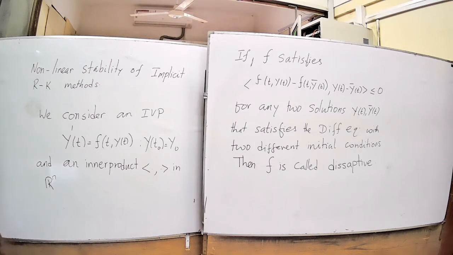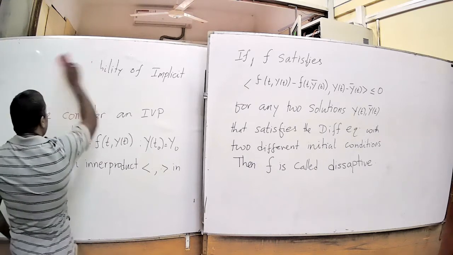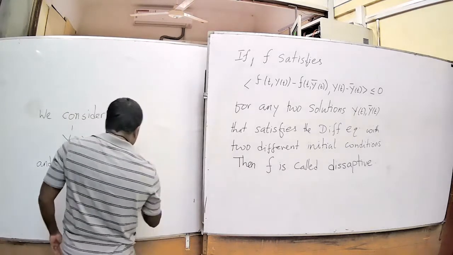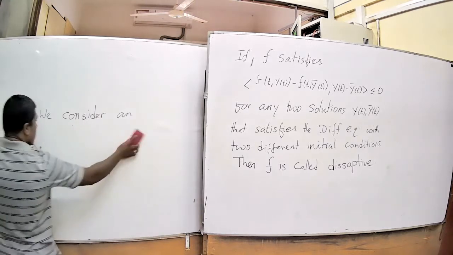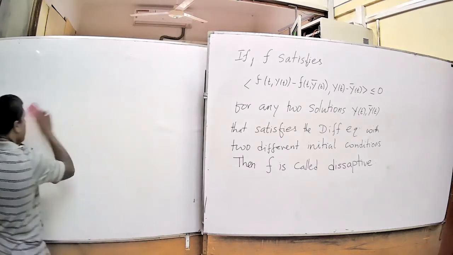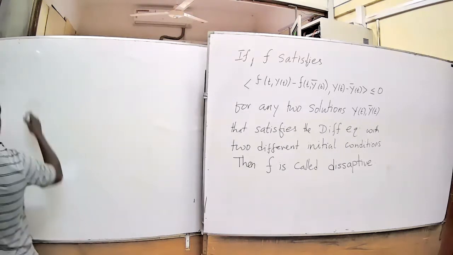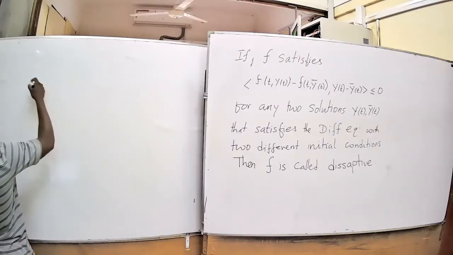Now using this, we are going to define something called B stability. Right, so next definition.